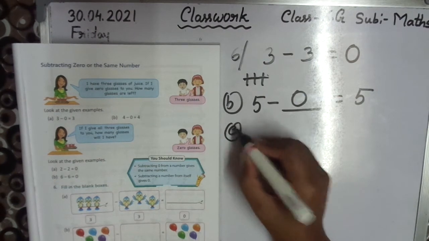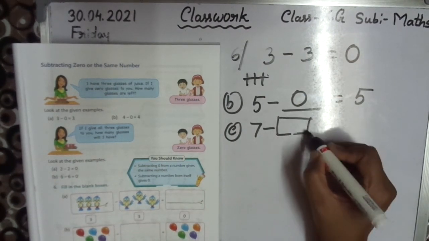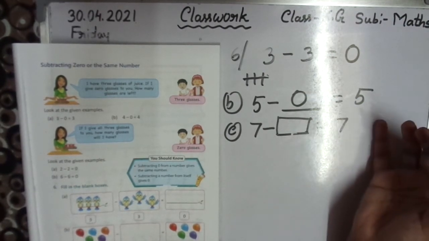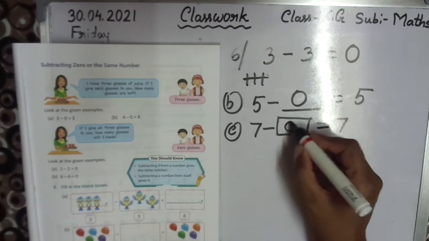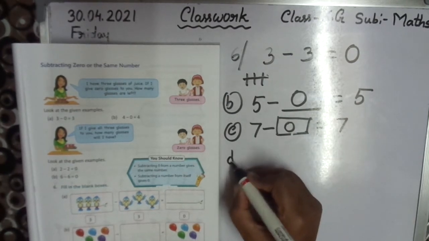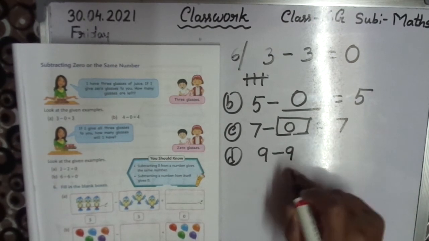Now see, 7 minus 0 is equal to 7. So same, 5 minus 0, 5. 7 minus 0 is equal to 7. Okay. D, 9 minus 9. See, a number from itself.